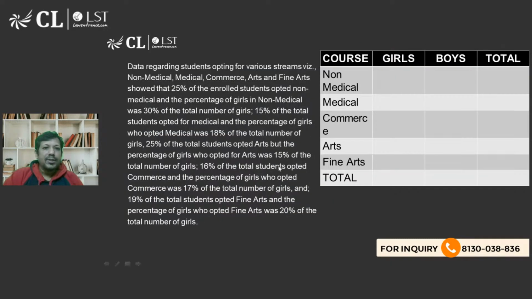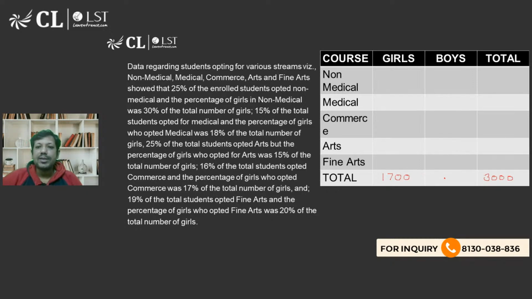Now let's see. So this is the data that is written, and the question is telling us that the total number of students given to us is 3,000. Let me change the ink color. So the total number of students enrolled is 3,000. Out of 3,000, how many girls are there? 1,700.